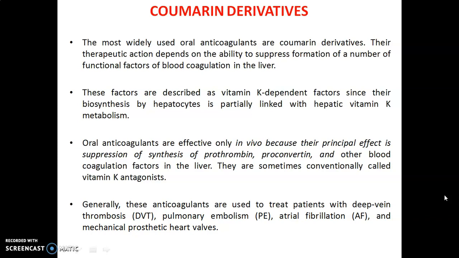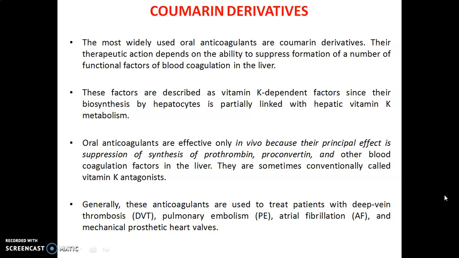Oral anticoagulants are effective only in vivo because their principal effect is suppression of synthesis of prothrombin, proconvertin and other blood coagulation factors in the liver. They are sometimes conventionally called vitamin K antagonists.